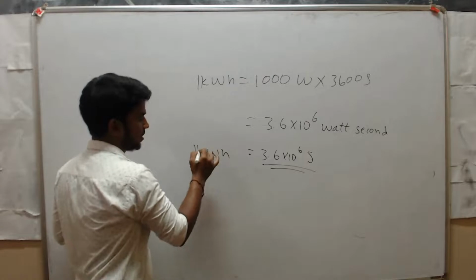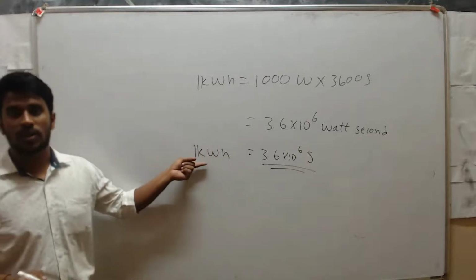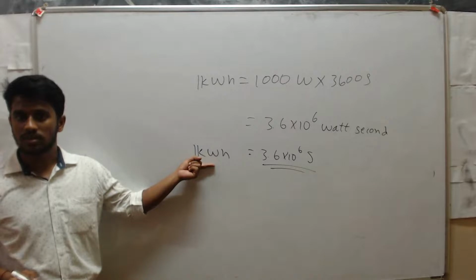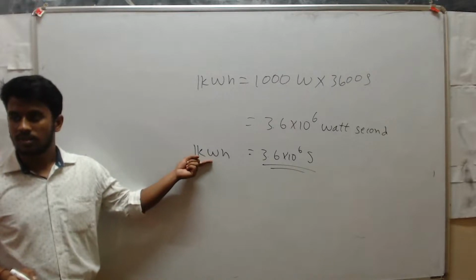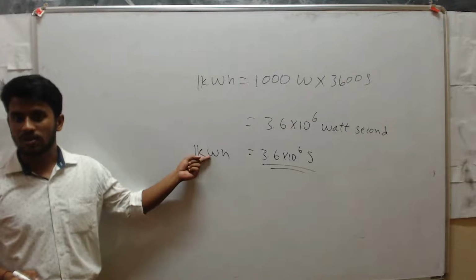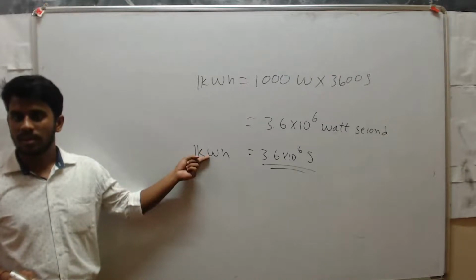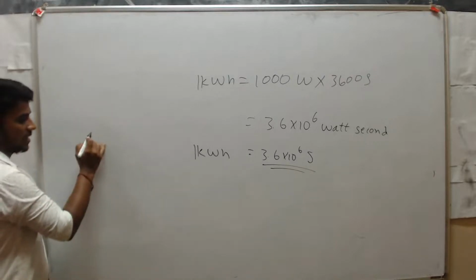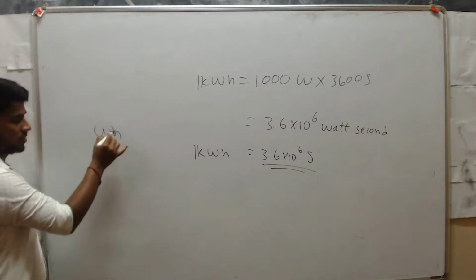See, what is this the SI unit of? 1 kilowatt hour. It is the SI unit of electrical energy. See, the SI unit of electrical energy is watt hour. This is very small, right?